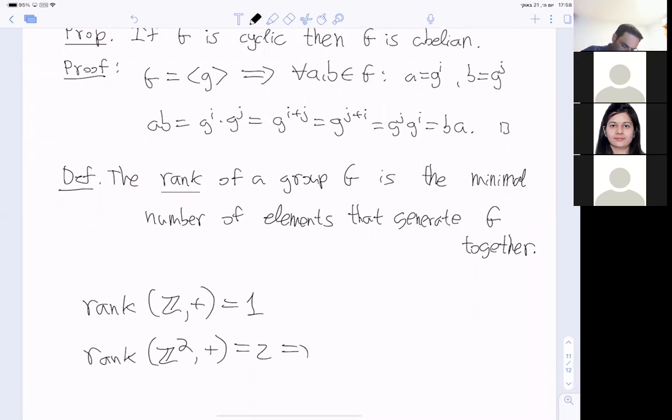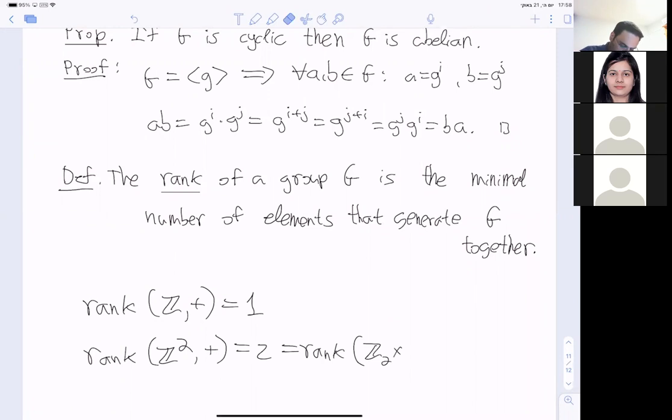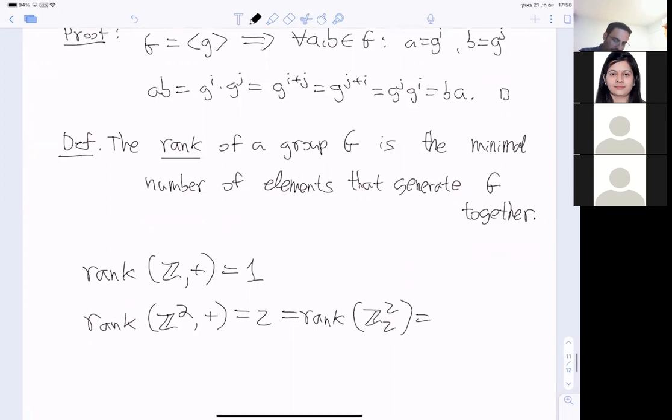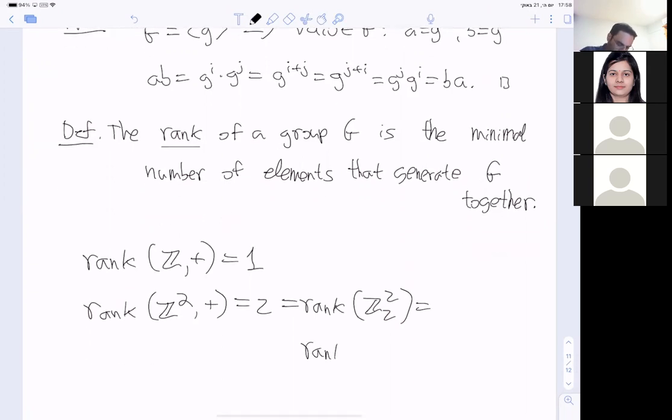And the same is the rank of Z2 squared, which is Z2 direct product with another copy of Z2, as we've seen. And it is also the rank, we didn't see that but we're going to see it later, of GL2 over Z2 that we have just seen. We need 2 matrices here to be able to generate all elements.